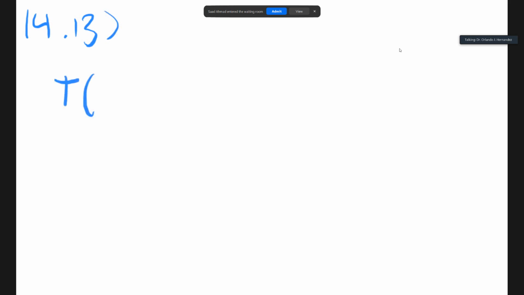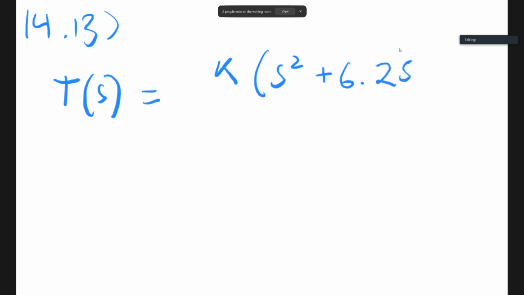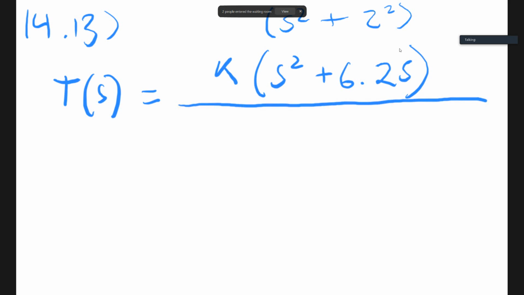Now we have to remember that the general form for a low pass for this type of filter, again from the prototype, is going to be some type of K, times the zero, which we were given, squared, and then the two poles.